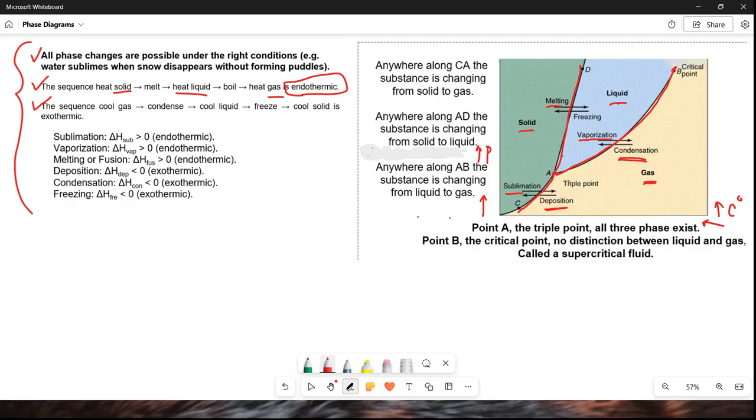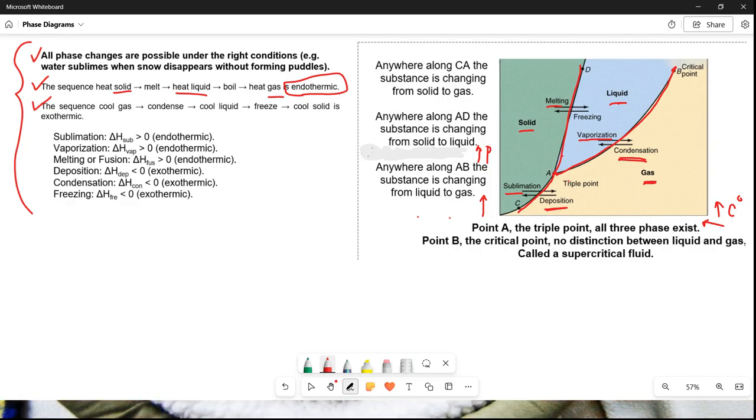In other words, for that phase to change, we must put energy into the substance so that it has enough to speed the molecules up and change phase. If we look at the other direction, it's exothermic. In other words, to go from the gas back to the liquid, back to the solid, we must take energy out of the matter so that it slows down and is able to make that change of state.